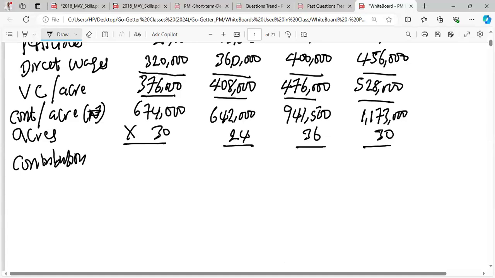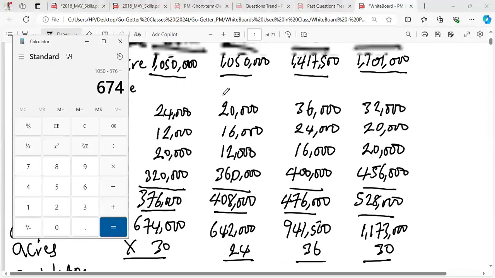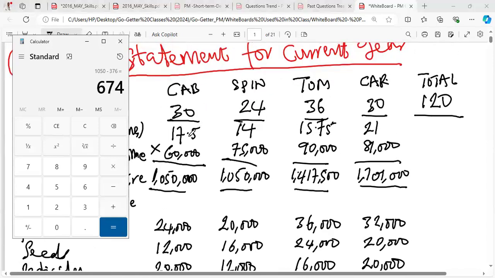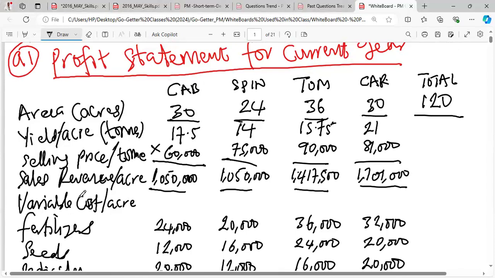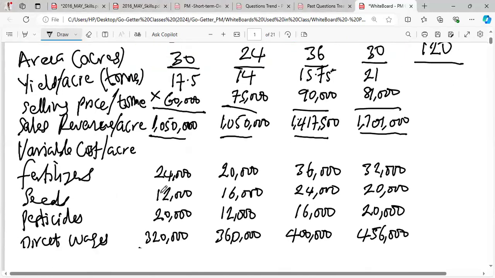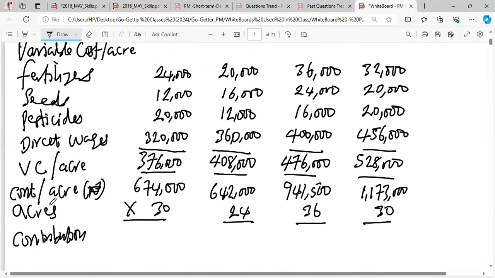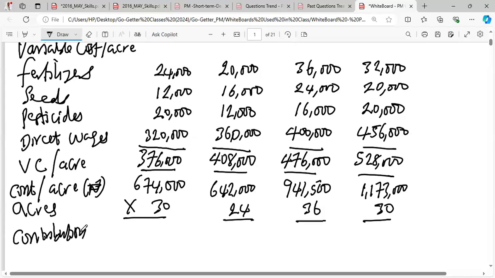So you see the systematic way I was doing it. I had to first do my contribution sales per acre because my variable costs were in terms of per acre. Then I got my contribution per acre. Then I bring the whole acres to multiply with contribution to get my total contribution.